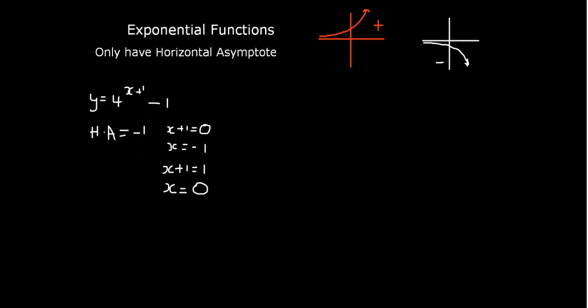Why are we doing this? We are doing this for the benefit of having a table here. Our table will be like this. This is our x, our y, right? Then here we put this negative 1 and this 0. Then we substitute the input values to find the output values from the original equation.